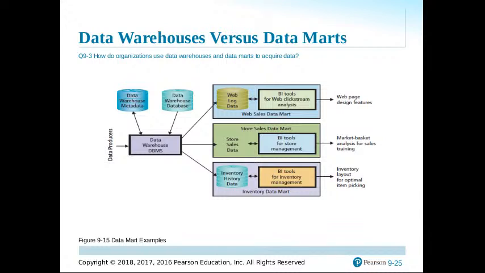So we need to split the data warehouse, because it's too large, into smaller ones for every department. A copy of the data warehouse like that is a data mart. A data mart is simply a version of the data warehouse, but smaller in size and more specific.